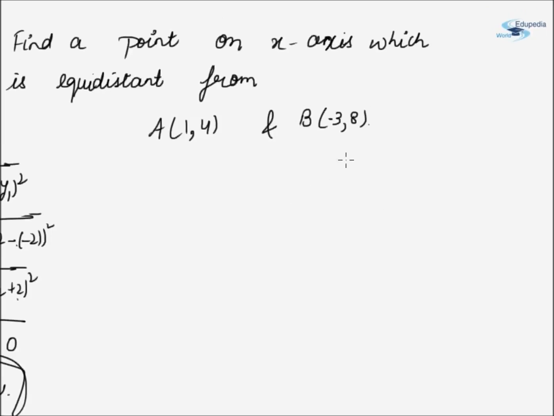Here we are asked to find a point on x-axis which is equidistant from A and B. We are given A as 1, 4. The approximate location will be somewhere over here, and B as -3, 8, which will be somewhat over here.